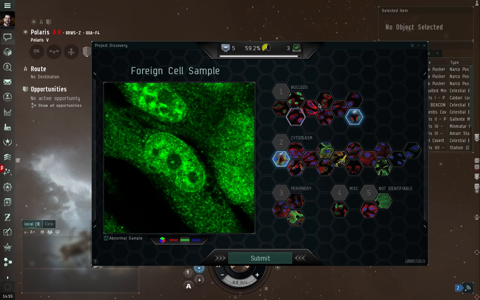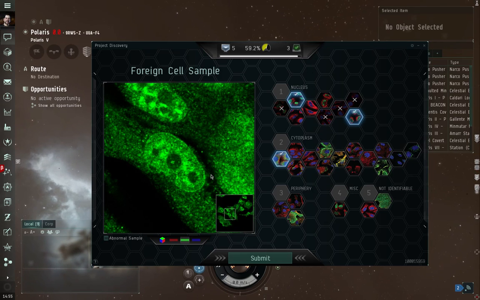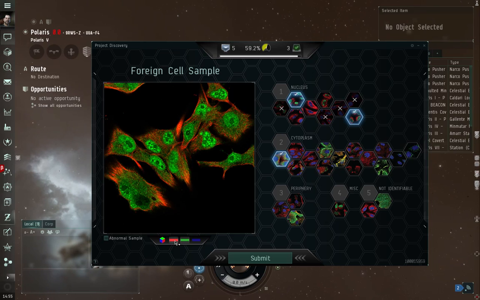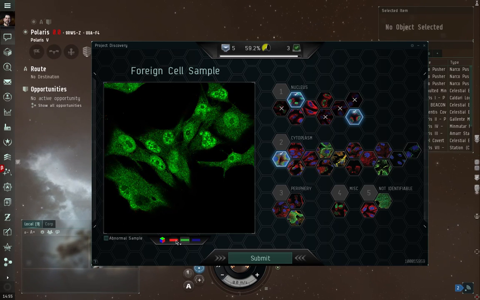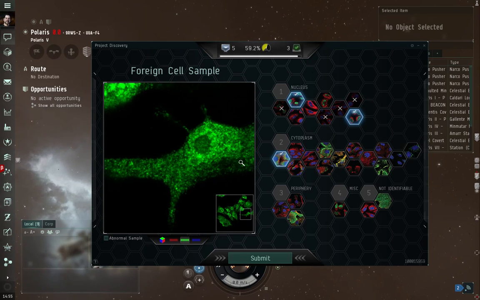And for me, it's just not variegated enough to be speckles. So I'm going to choose nucleoplasm after all. And I think that's it. Let me just make sure that I don't think it's plasma membrane. This cell here made me think maybe it could be.